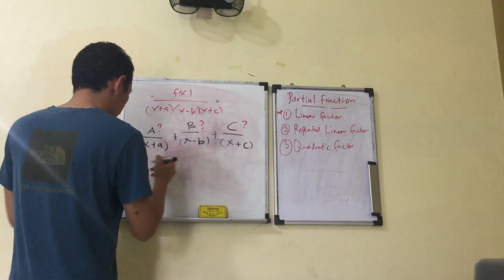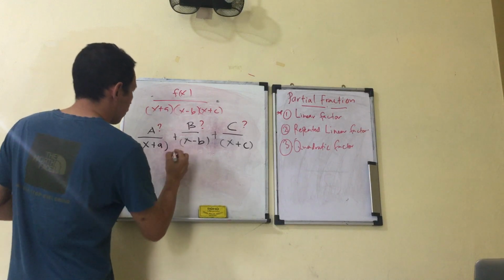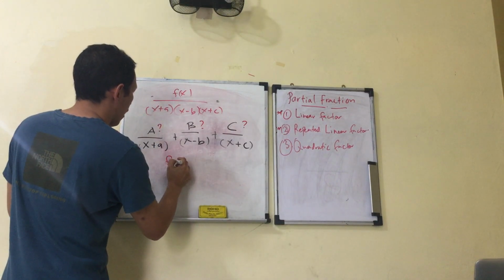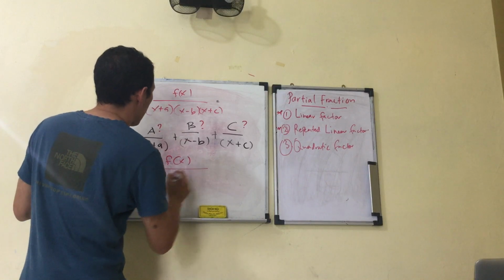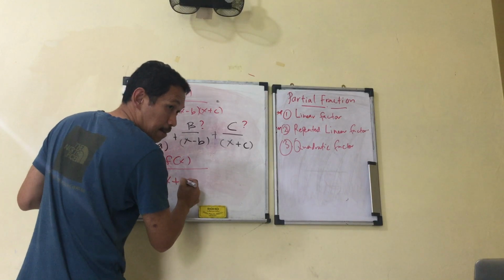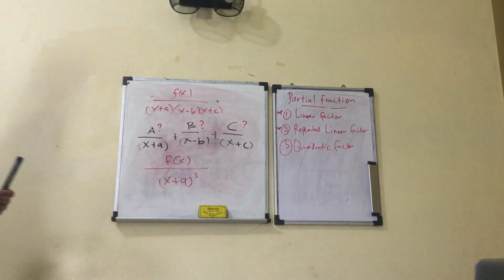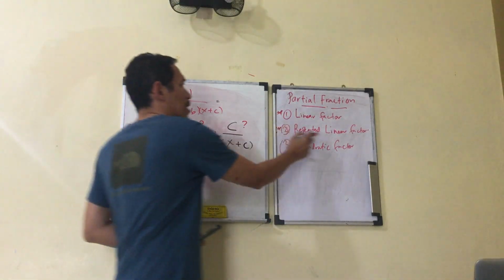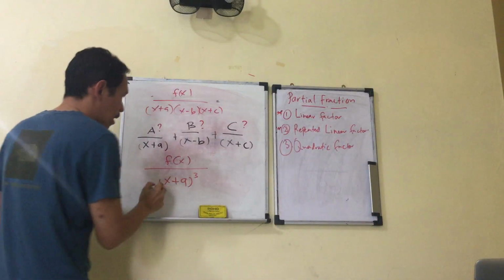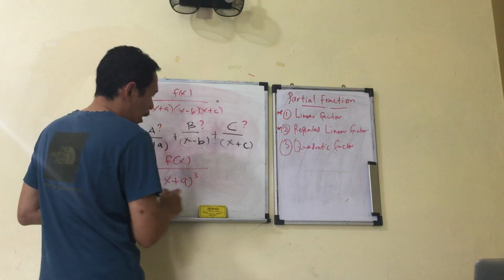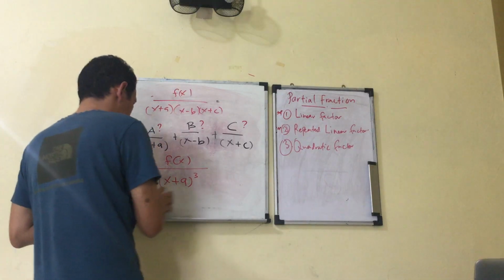When you have a repeated linear, it will give you the second one here, f(x) divided by (x plus a) cubed. This is called the repeated linear factor, where the denominator is in terms of a repeated form of factor.